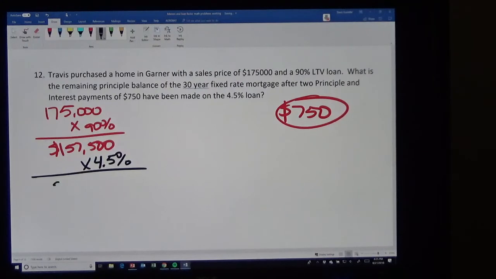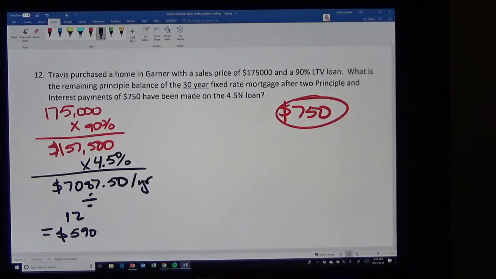That is $7,087.50 per year. So the yearly interest is $7,087.50. And if we want to divide that by 12, we can get it down to monthly. Monthly, that is $590.63.